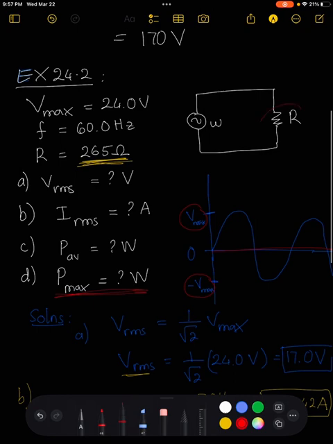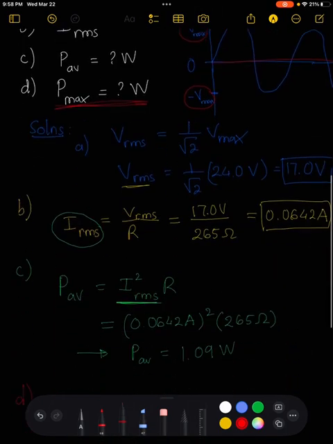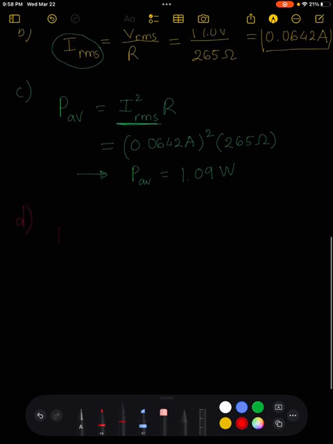Because we have the resistor right here. How much power is dissipated through this resistor right here? So to do that, we use this formula. Pmax would be Vmax squared divided by R, because it's the maximum value, to find the maximum power.